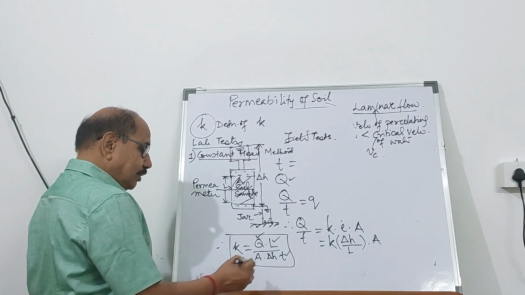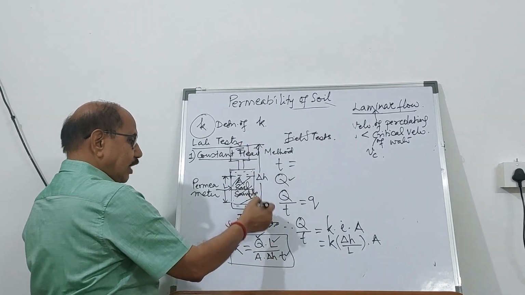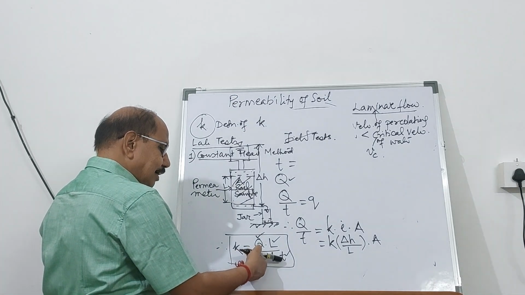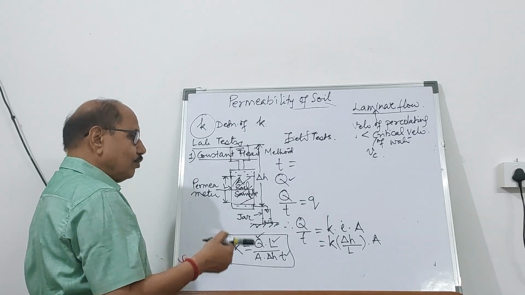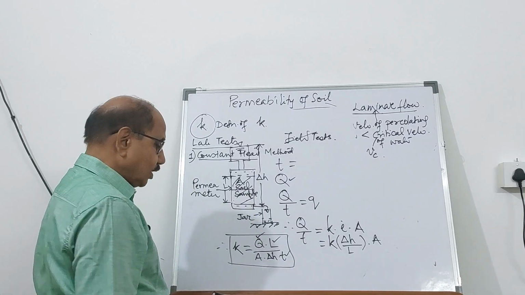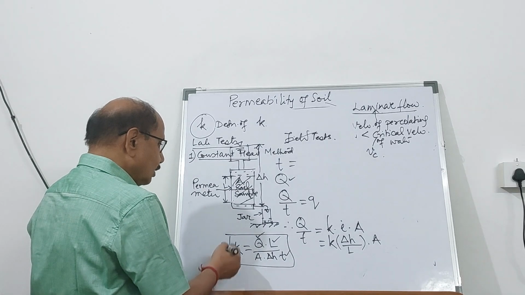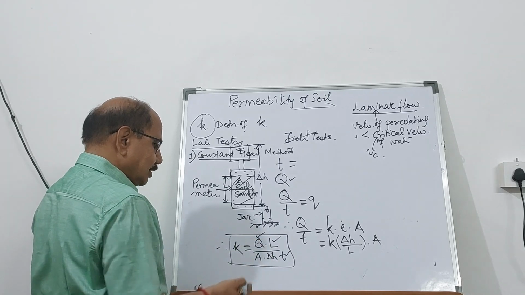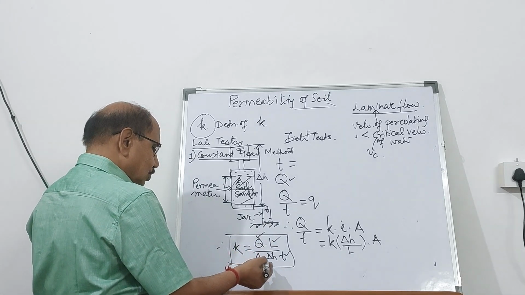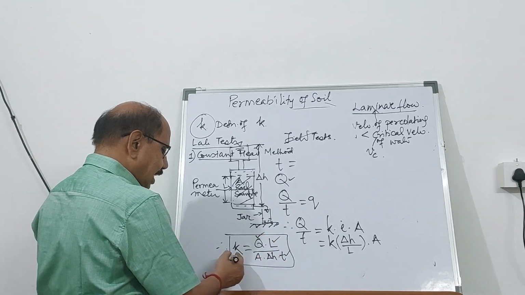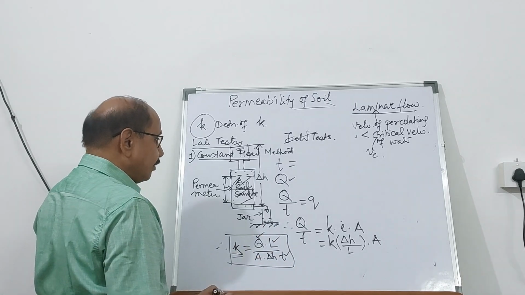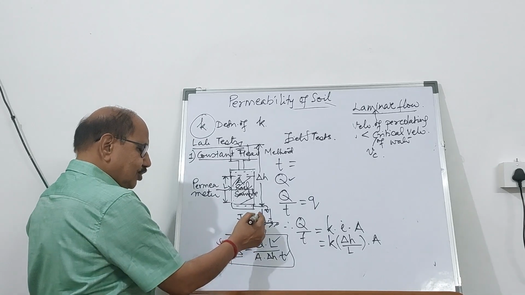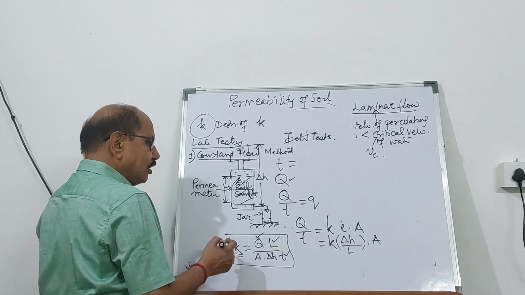And you know what is the head loss, that you can always measure in the laboratory. And in a given interval of time in a steady flow, when the flow becomes constant, when the sample remains fully saturated, the constant steady condition, you can achieve it. So, you know everything on the right hand side, therefore, the coefficient of permeability by constant head method, you can find it out. But sufficient discharge should come out in a given interval of time.